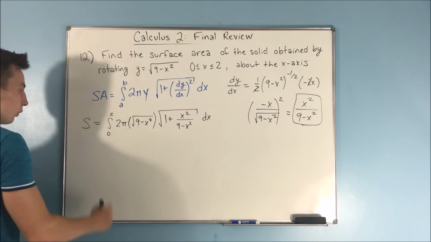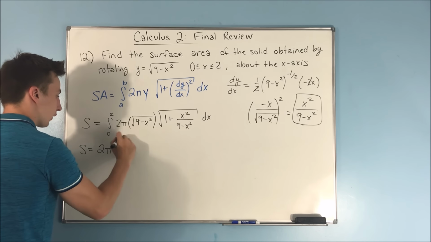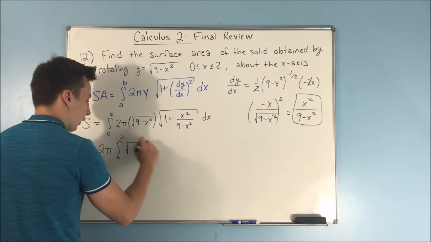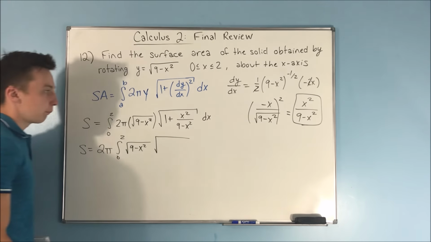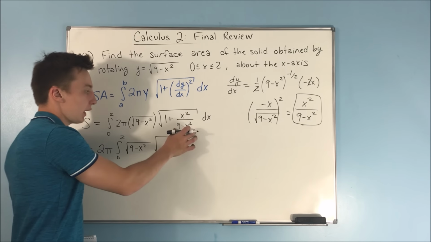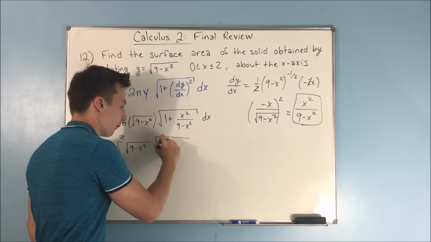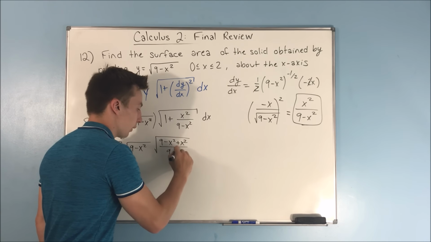Okay, so now we can take out that 2 pi outside the integral, just to make this look a little prettier. And we have that 9 minus x squared inside that radical still. But for our next radical, well, this is the same thing as, if we get common denominators here, we get 9 minus x squared plus x squared over 9 minus x squared.